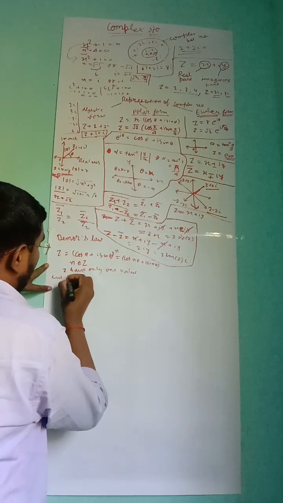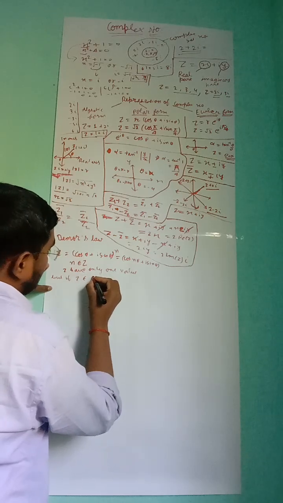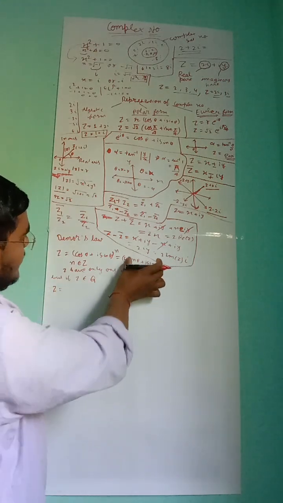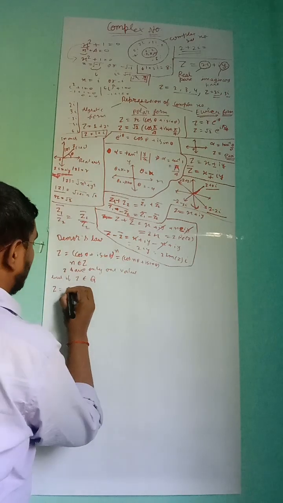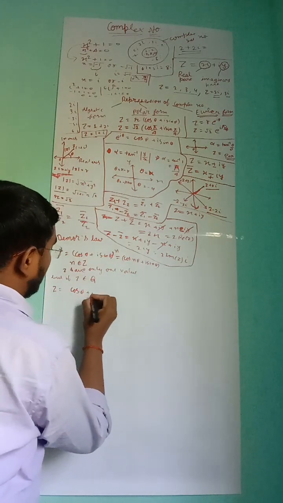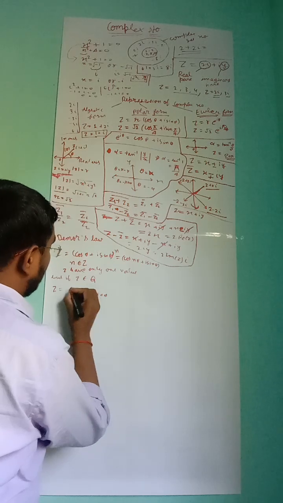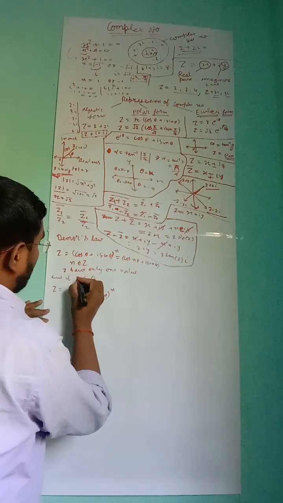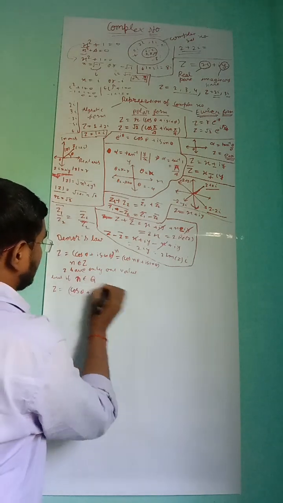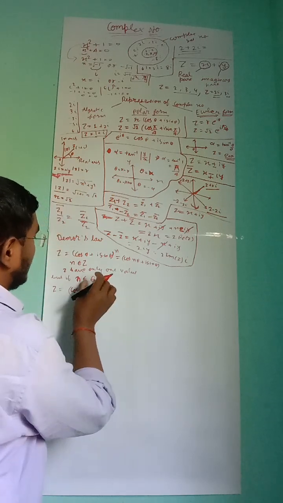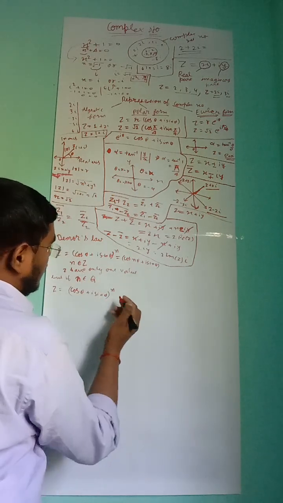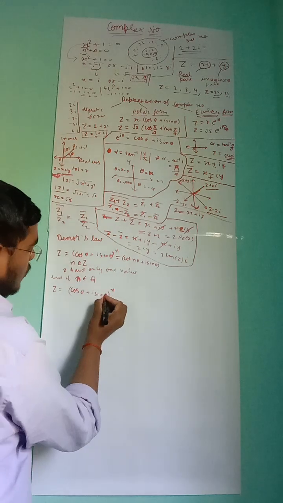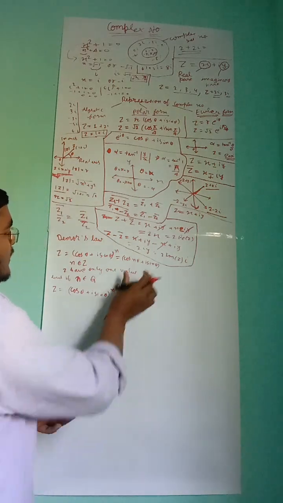But if n belongs to the set of rational numbers, then z has multiple values, and cos theta plus I sin theta power n is one of those values. Whatever values we get for it, this is one of them.